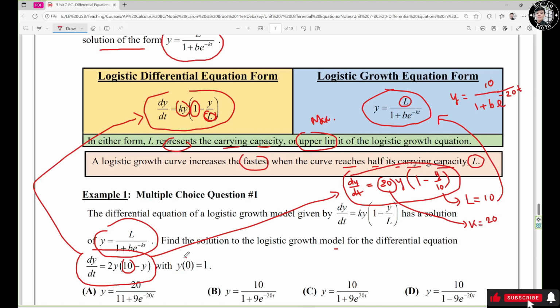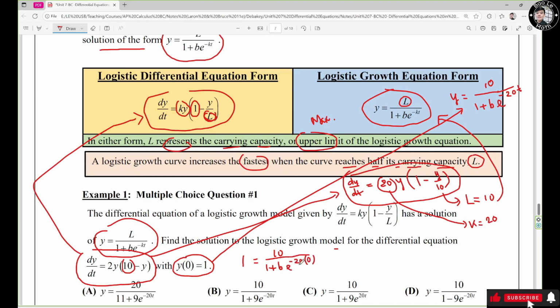Now I need to use initial condition right here to solve for b, right? So I substitute this guy over here, right? So I have 1 equals 10 over 1 plus b times e raised to the negative 20 times 0, right?